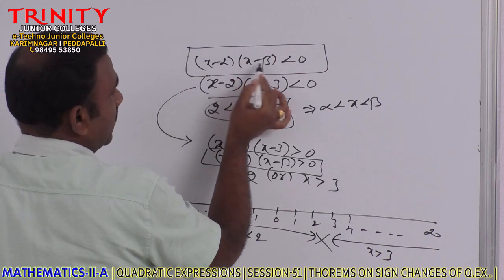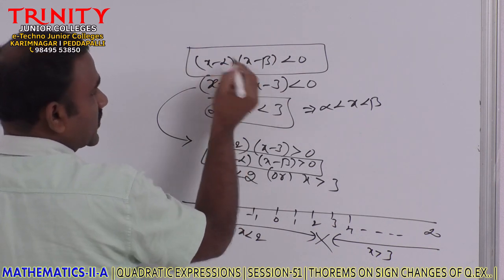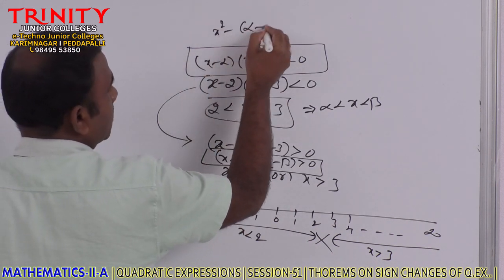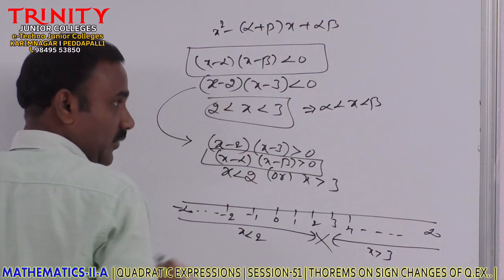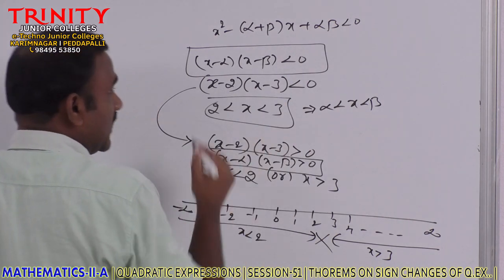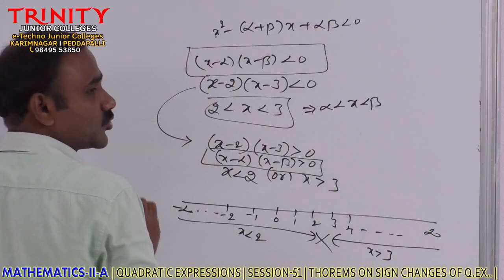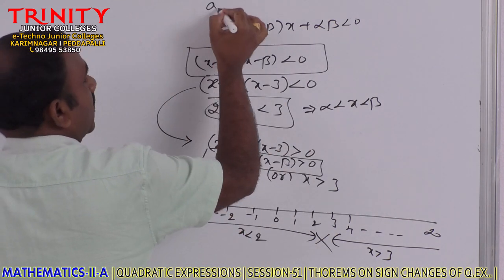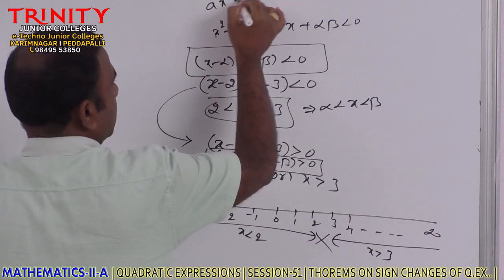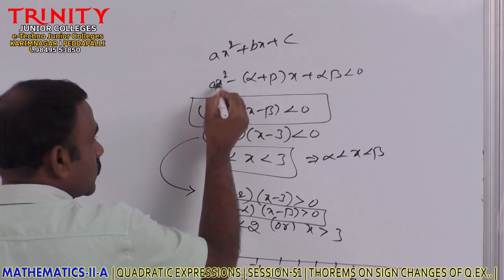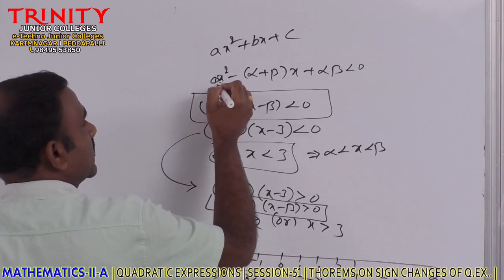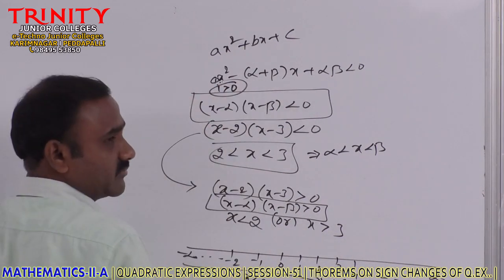See here, if you multiply this out, we will get the expression x square minus (alpha plus beta) x plus alpha beta, right? So less than 0. See here, the coefficient of x square is 1. In the general quadratic ax square plus bx plus c, the x square coefficient a is 1, which is greater than 0, positive.